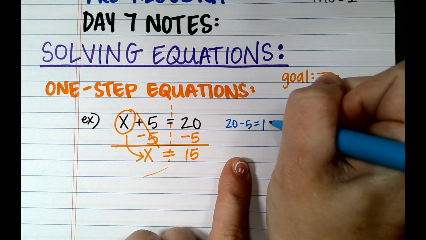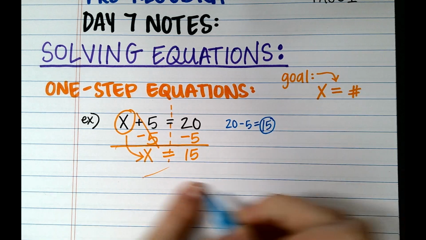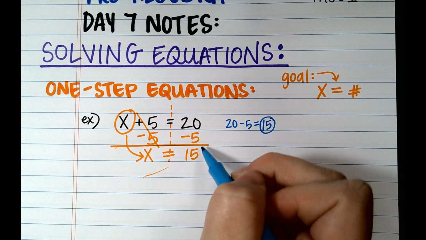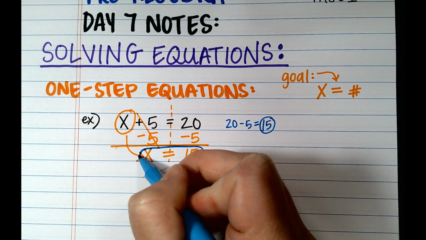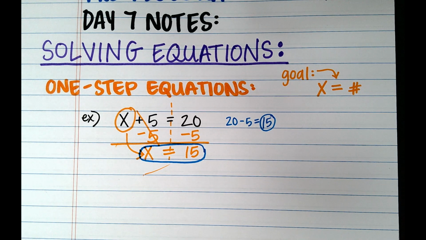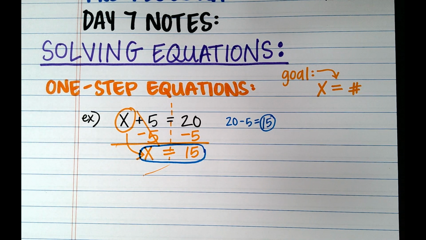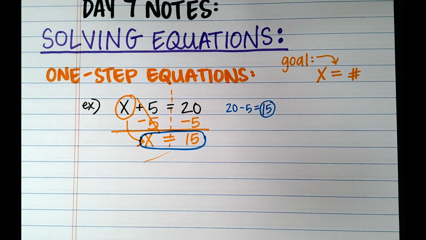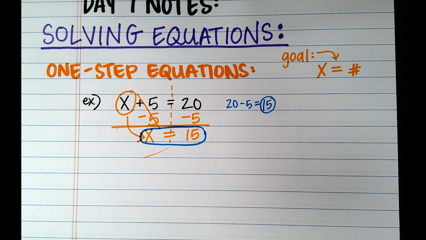And that's 15. And then she brings it down over here. So if writing it out to the side helps you, do it. And see, look at that, 2 people it helped already. I love it. So we just did one step here. We subtracted 5. And we got 15. That's a one-step equation.